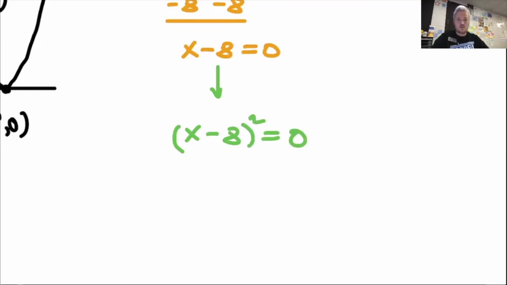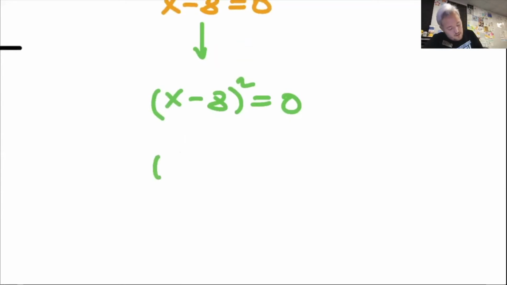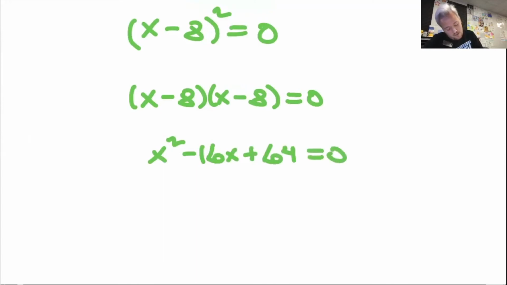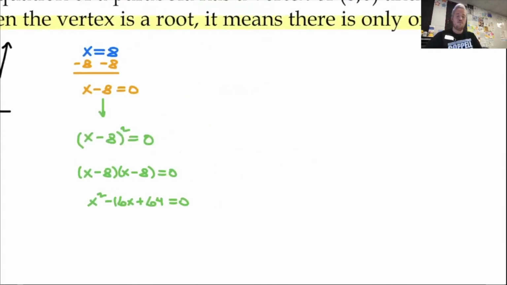I'm just going to square the x minus 8, so it becomes x minus 8 times x minus 8. When you FOIL, you have x squared minus 16x plus 64 equals 0. That's what you're going to use for your regression model.